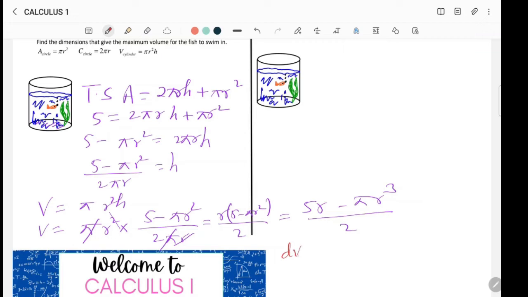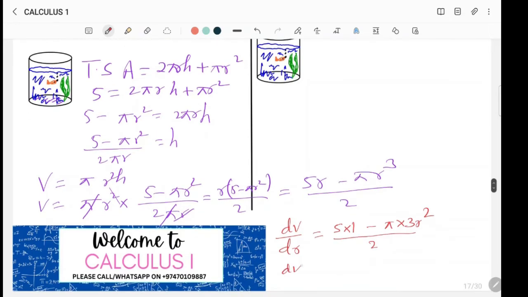So dV over dr equals 5 times 1 minus pi times 3r square over 2. And we know that for getting minimum or maximum, dV over dr must be 0. So this is 5 minus 3 pi r square over 2 equals 0, right?